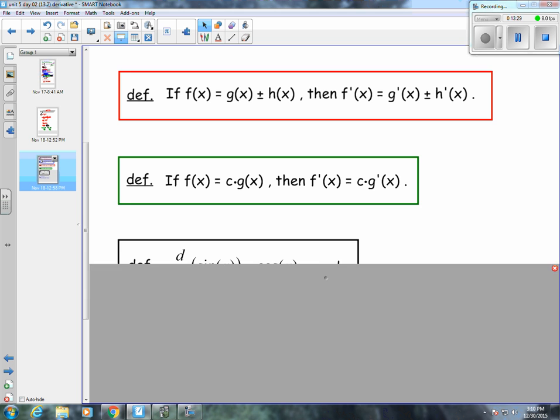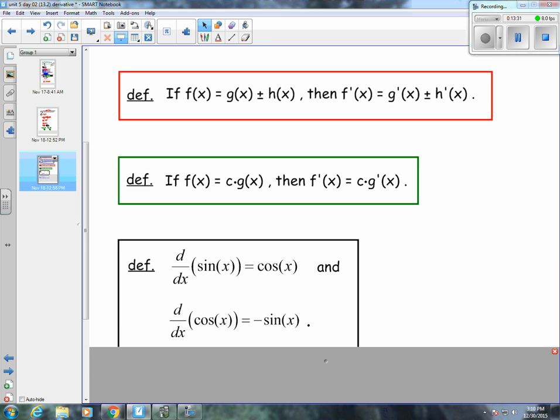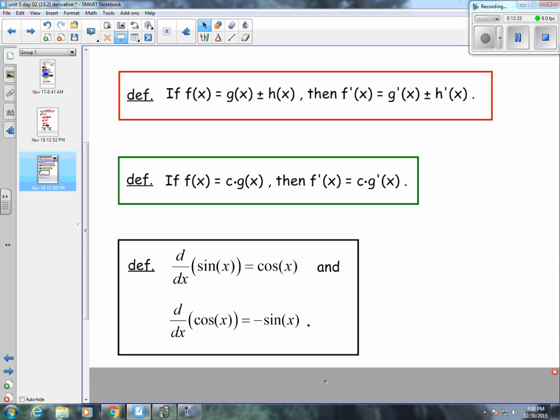No surprises here. And lastly, these do require a little bit of understanding, and there's a nice proof in the book. I did a proof in my pre-calc class. I don't know if you guys saw the proof for this, and it uses limits, some of the limits we talked about the other day. But I think everybody remembers that the derivative of sine is cosine, and the derivative of cosine is negative sine.